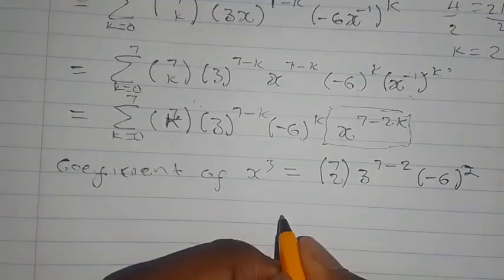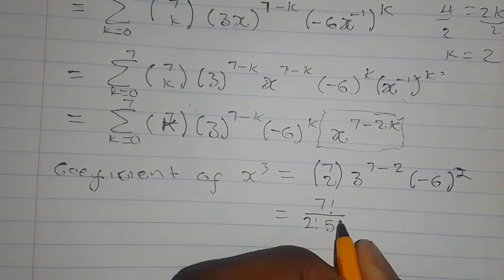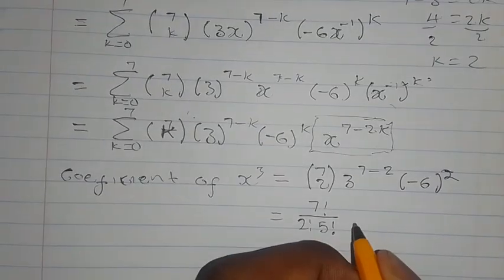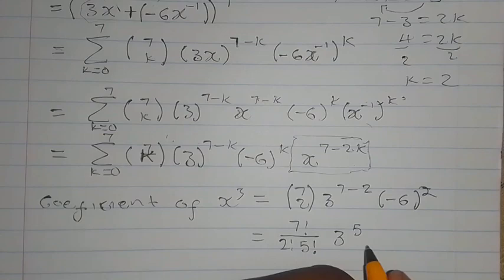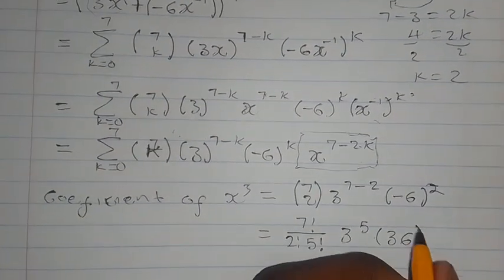So let's simplify. Then we're going to have 7 factorial over 2 factorial, 5 factorial. Then we have 3 to the power 7 minus 2, which will basically be 3 to the 5, and minus 6 squared, that's just going to be 36.